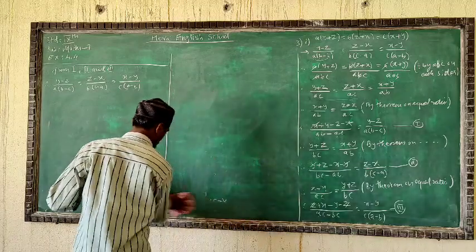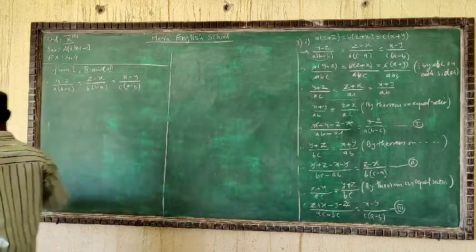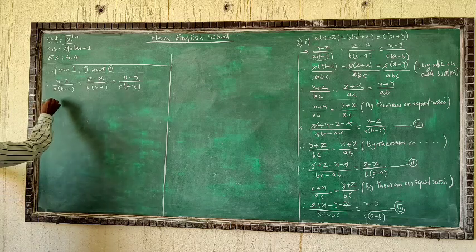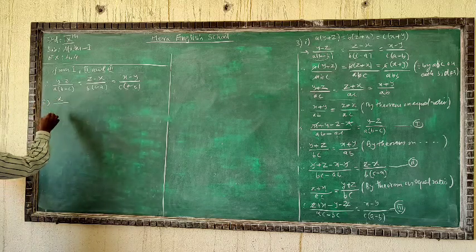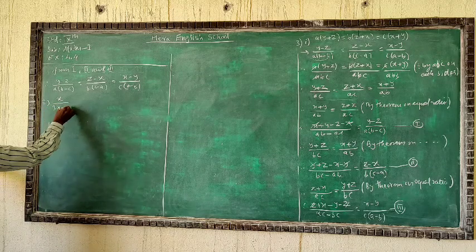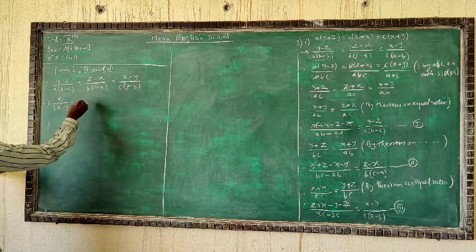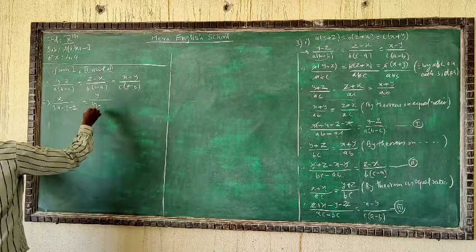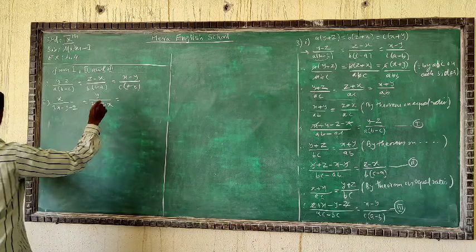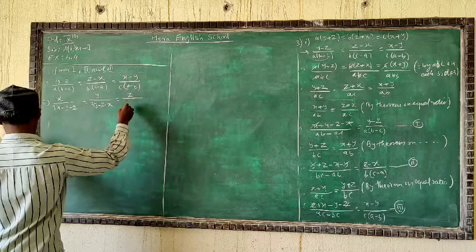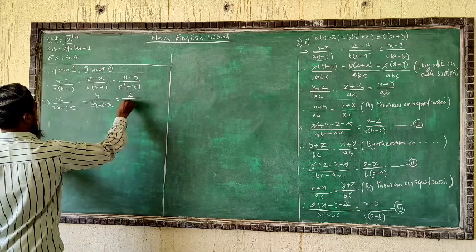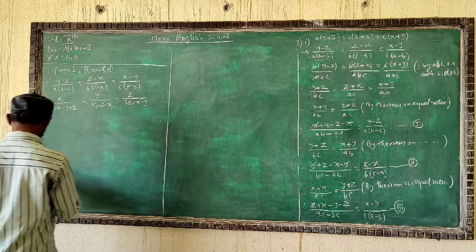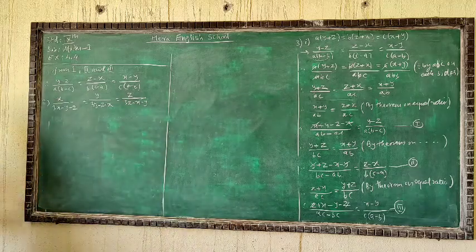Read it, everyone. In question number 3, see very well, we are given: x upon 3x minus y minus z is equal to y upon 3y minus z minus x is equal to z upon 3z minus x minus y. All these ratios will be equal to 1. This one we have to prove.